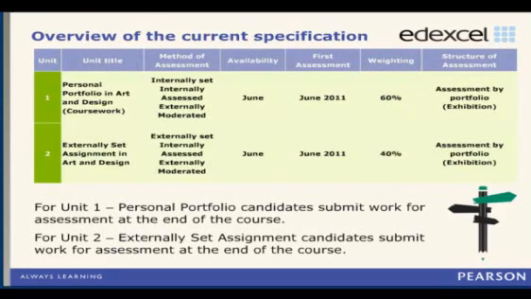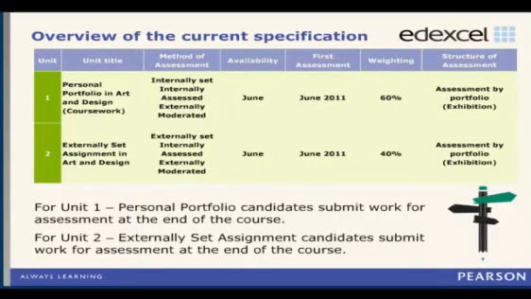So here's the structure of the specification, which I've no doubt many, if not all, delegates will be familiar with. But just to refresh our minds, the specification has 2 units. One unit, which is worth 60% of the total marks available, is Unit 1, the personal portfolio in art and design. Another way to think about that is coursework. In this unit, the work is internally set by you in your centres.